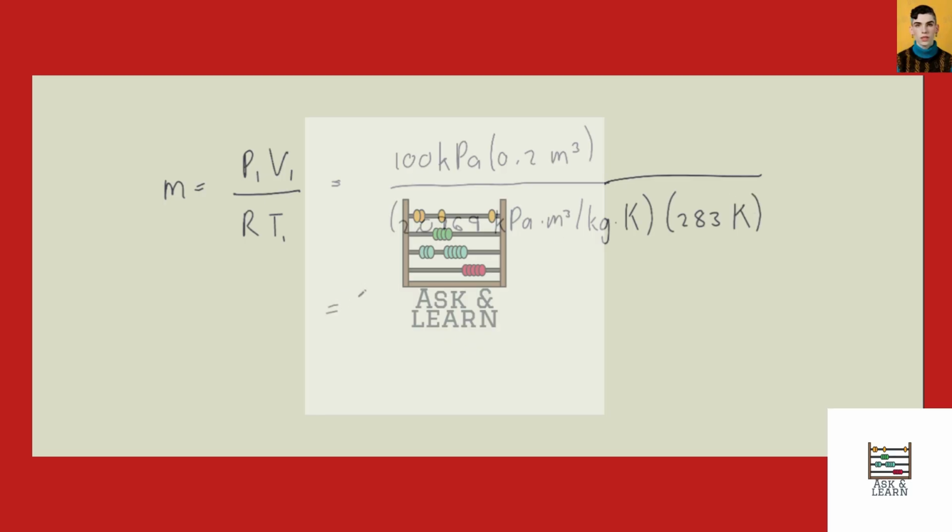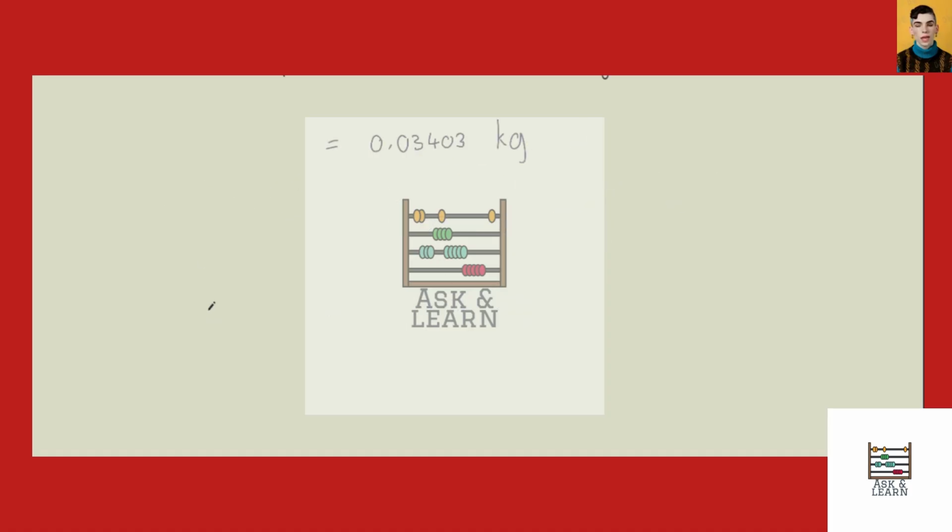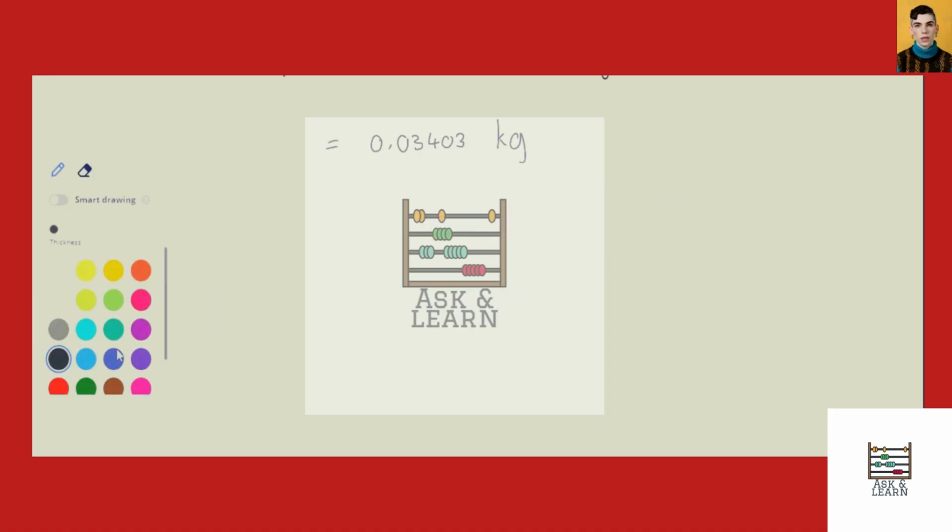And so we get the mass of helium in this process to be 0.03403 kg.